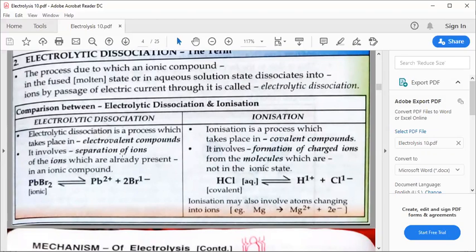What about ionization? Ionization happens only in covalent compounds. You are actually creating the ions. You create the plus and minus there, because HCl is a molecule, not in ionic state, and HCl becomes H plus and Cl minus. Ionization can also involve atoms changing into ions.